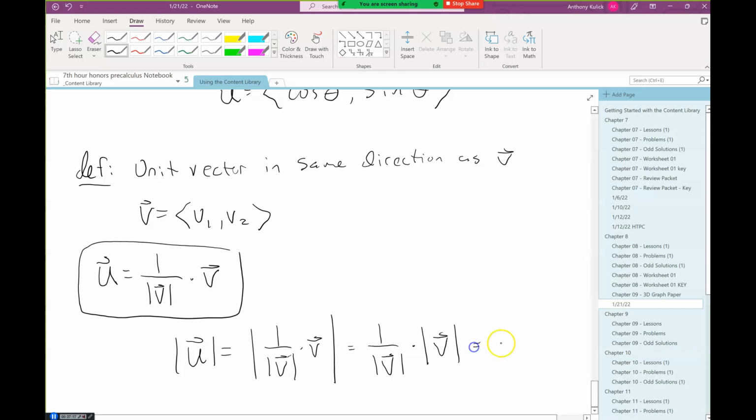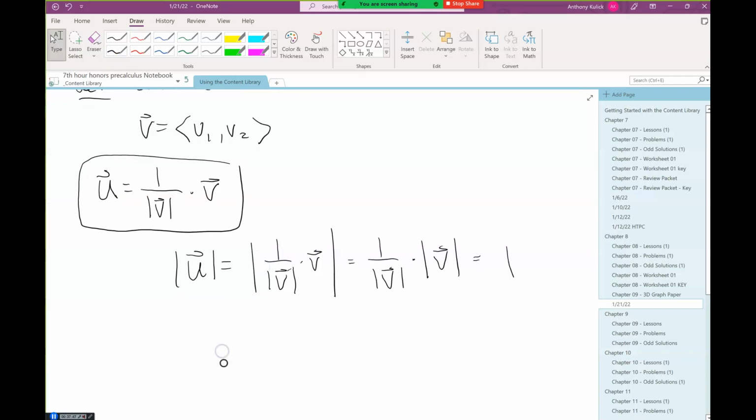And 1 over the magnitude of v times the magnitude of v is just 1. Cool. And since the magnitude of v has to be a positive number, the scalar multiplication can't change the direction of v, because we're just talking about lengthening or shortening that vector. So you're good. So a unit vector in the same direction has to be this. Let's just do a quick numeric example here.